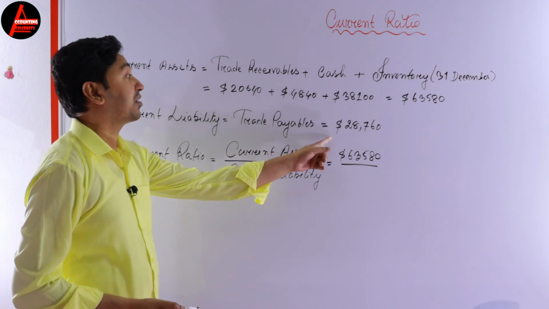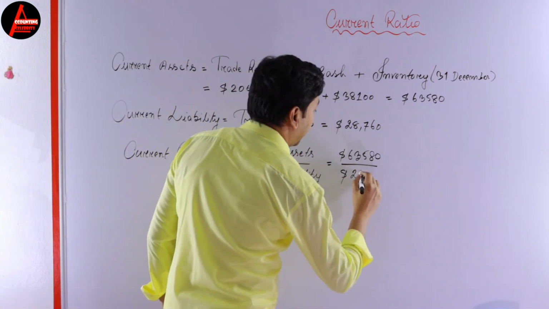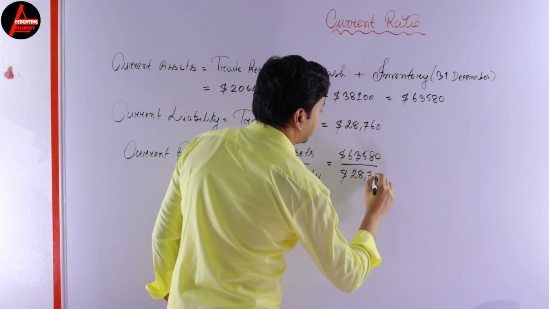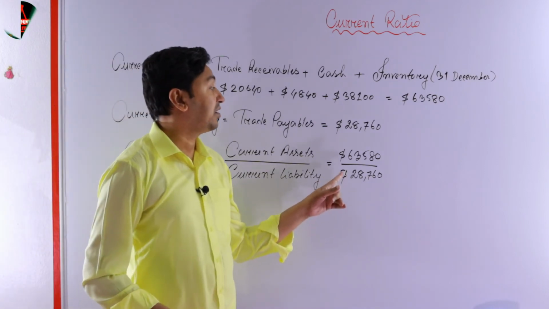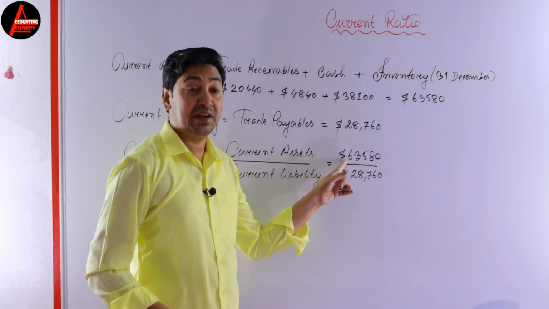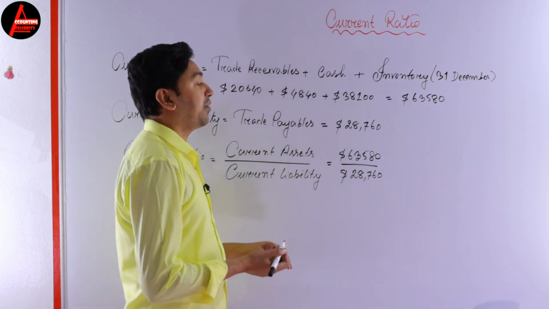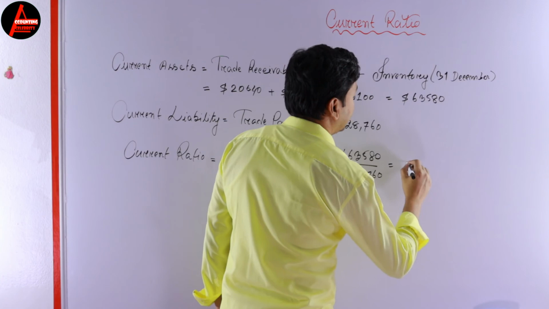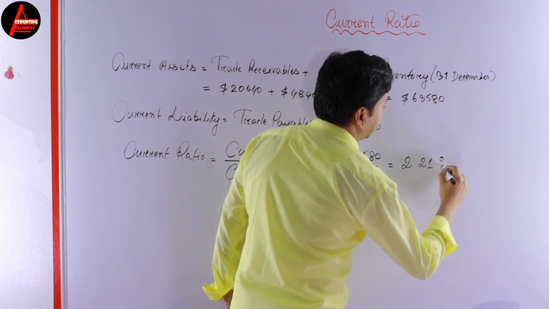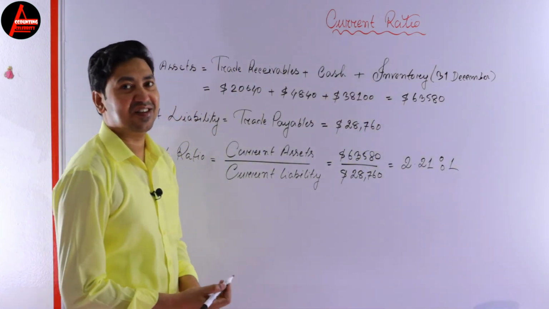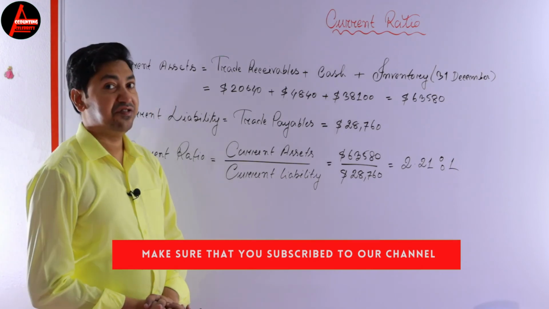We have only one current liability, which is trade payable, and the amount is $28,760. Now we have to divide 63,580 by 28,760. If we divide, we get 2.0212. So this is how you have to calculate current ratio.